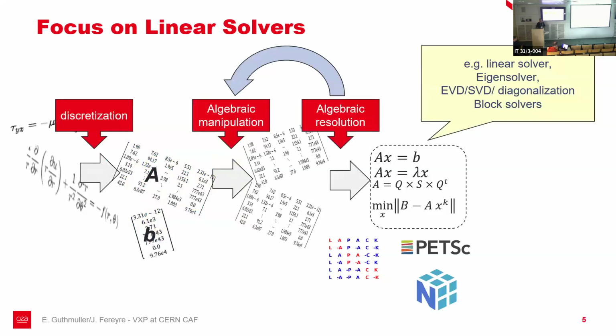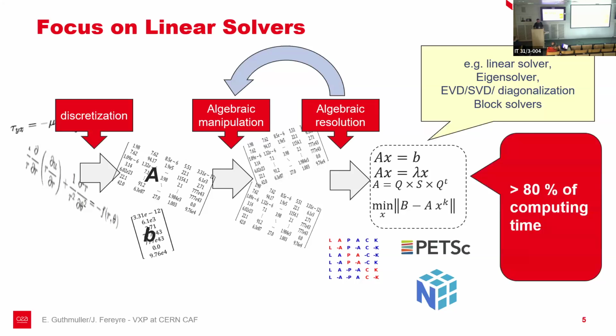So the flow is generally like this. You start from your equations, you discretize them, and you have your very big input matrix. You manipulate the matrix, for example for preconditioning, and then you solve. Either you try to solve AX = B, or you want to find some eigenvalues: EVD, SVD, and also block solvers sometimes, depending on the application.